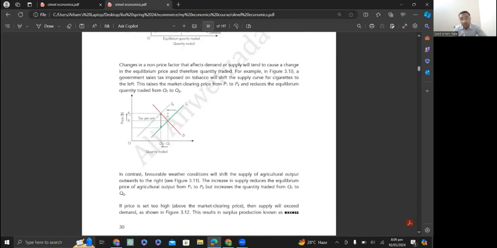Now, it is also possible that due to all the determinants which we studied earlier, there can be a shift in the supply curve or the demand curve.